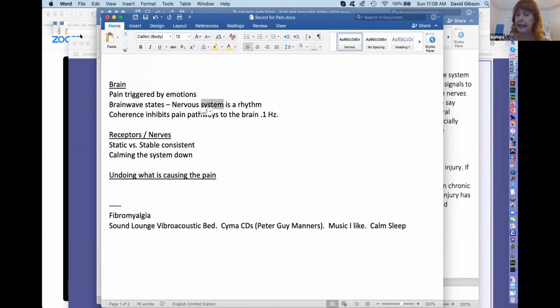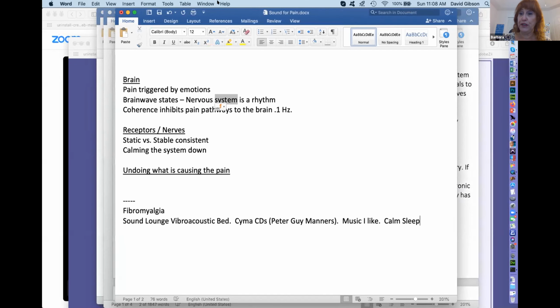If it's for pain, then we want to take them to that delta and subdelta. So I will use a piece of your beautiful music that takes them into that state. And by the end, they are in an amazing state. Usually their pain is decreased substantially.